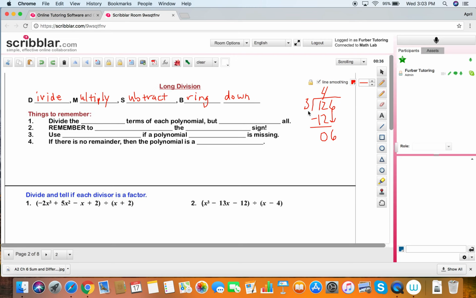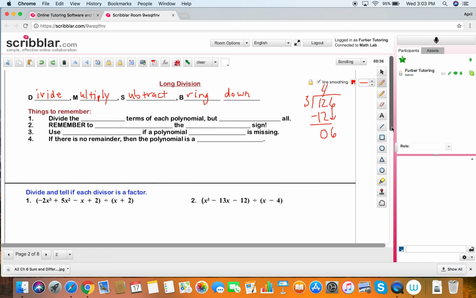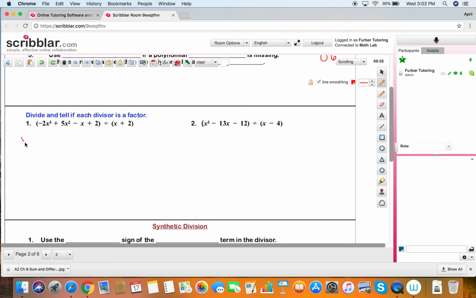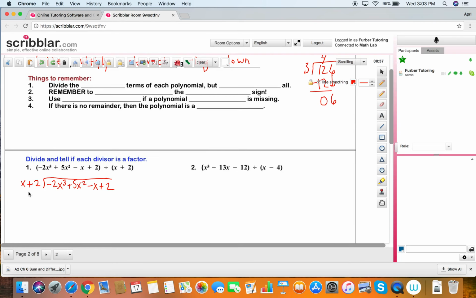Sometimes there's a double digit, and that's a little more difficult. Well, down here we have a binomial, and it's being separated with an x plus 2. So it's going to look kind of strange. It's a little confusing, like how are we supposed to determine what to divide here?